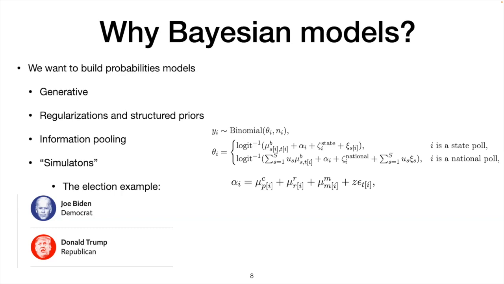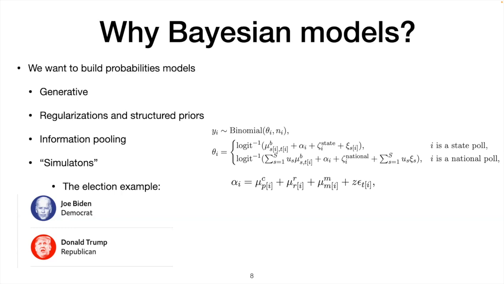The data comes in from different polls. For each poll, you have ni, which is the size of the sample in that poll, and yi is the number of respondents who say that they will vote for one candidate.